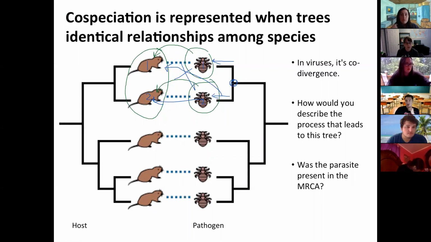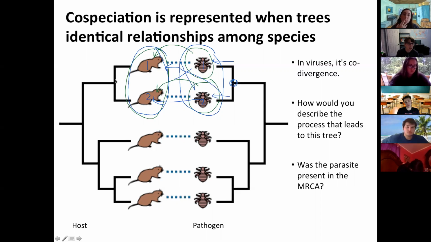So the tick-like thing infects the one with the number 2. So number 2 infects number 2. And the relationship is that the hosts, these 2 form a clade together, hosts 1 and 2. Ticks 1 and 2 form a clade together in the same topology as 1 and 2, okay?